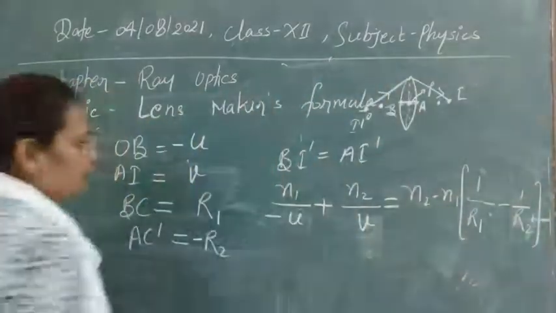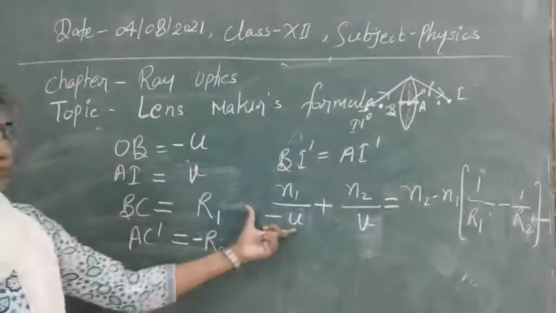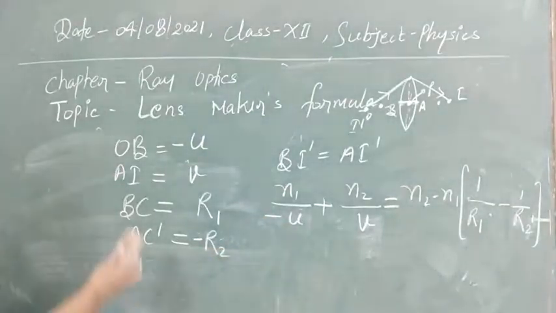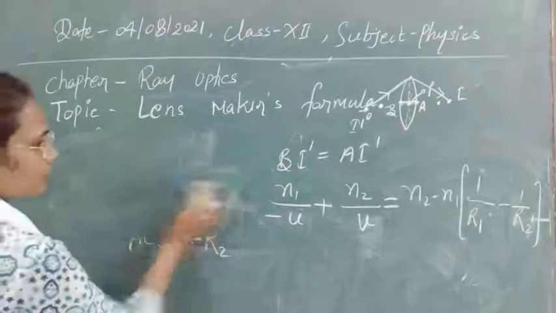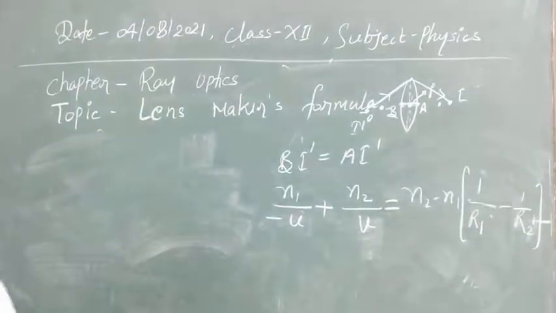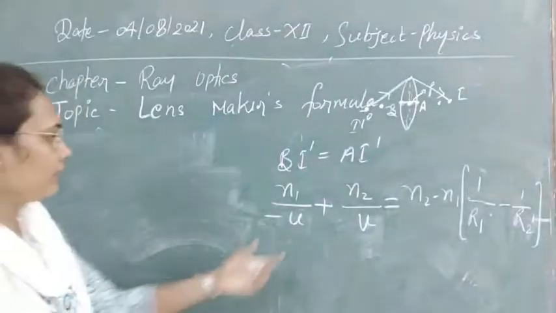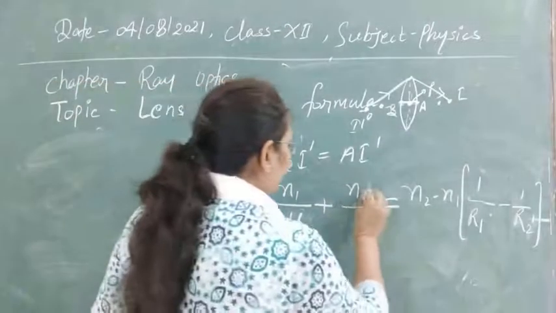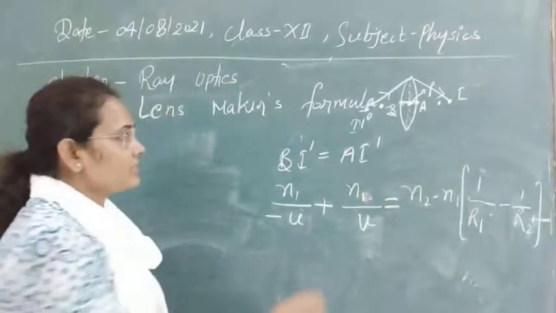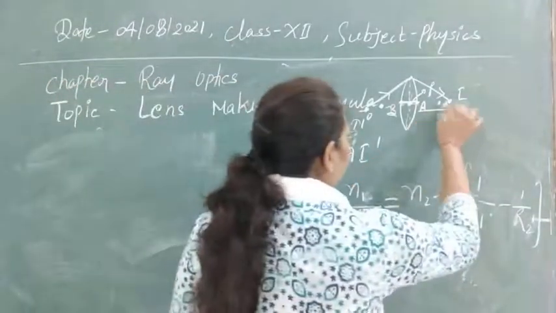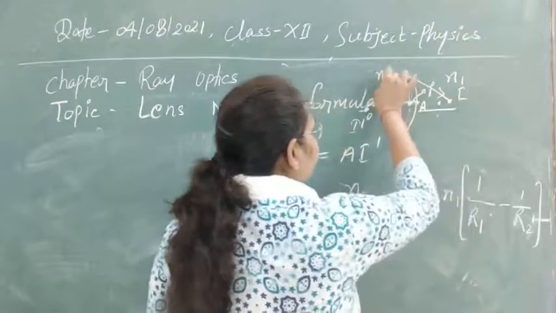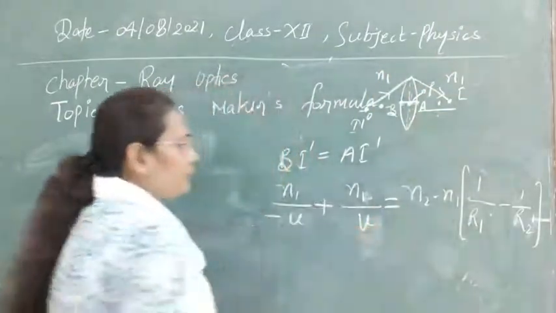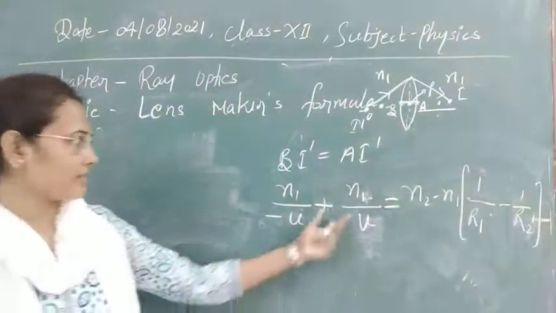Now, I think in one thing I have written down here, it should be N1. As we are getting the final image in the first medium, that should be N1 upon V. So if you have written it, then just correct it now.